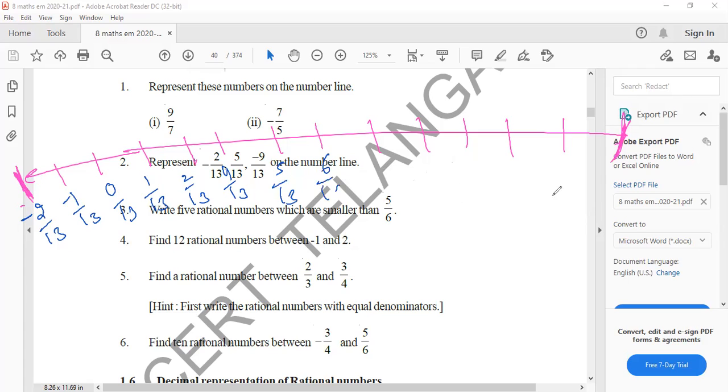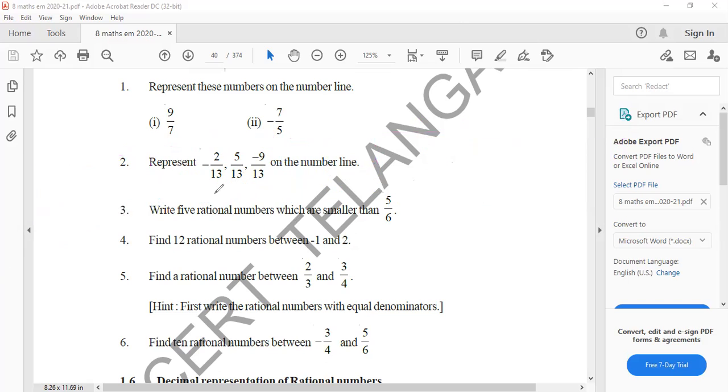Sorry for the inconvenience. You can write it at the back. You write this in similar order. First of all, I'll try to explain once again. You write this in ascending order. Ascending order means first minus 9 by 13, after that minus 2 by 13, after that 5 by 13. Okay, clear now, Deepu?